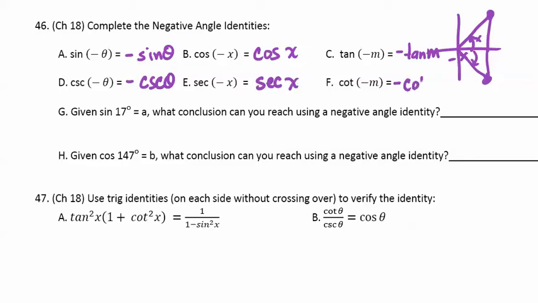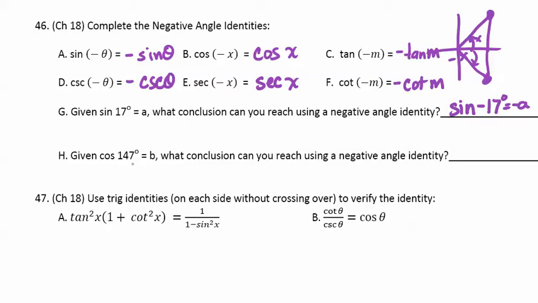But for all of the others, the trig ratio of a negative angle is the opposite of the ratio of that positive angle. So in letter G, what can we conclude? If we know the sine of 17 degrees is A, then the sine of negative 17 is the opposite of A.